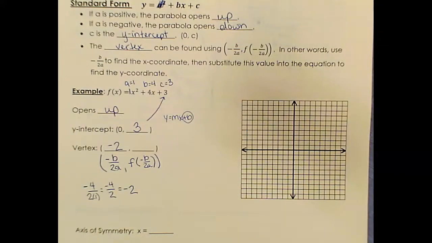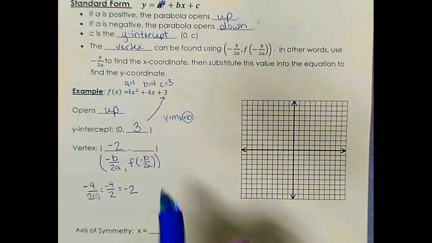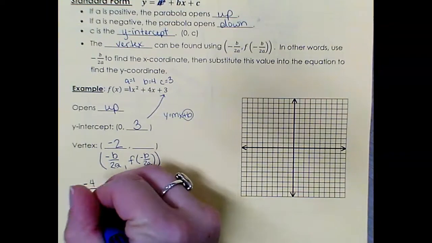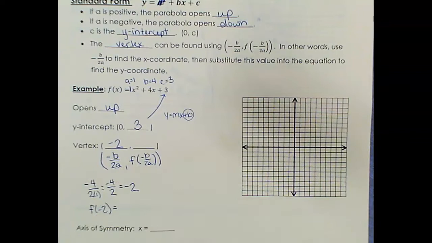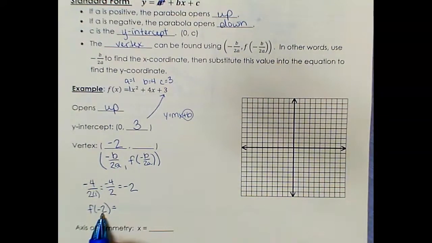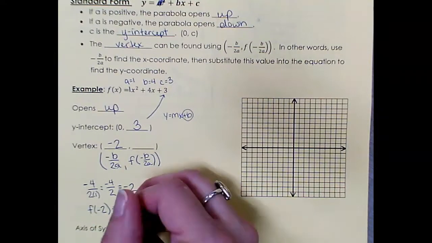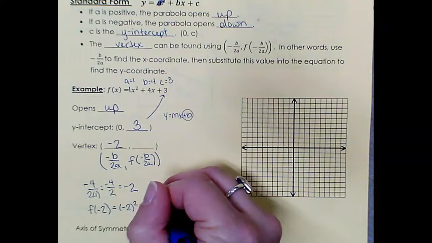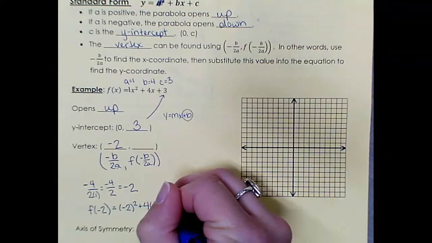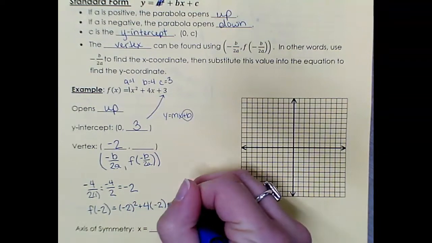But now I need to find my y value. So I'm going to take negative 2 and I'm going to substitute it for x. So I need to find f of negative 2. Remember, in function notation, if you find f of negative 2, that means you replace all the x's with negative 2. So instead of x squared, I have negative 2 squared. Instead of plus 4x, I have plus 4 times negative 2, and then plus 3.